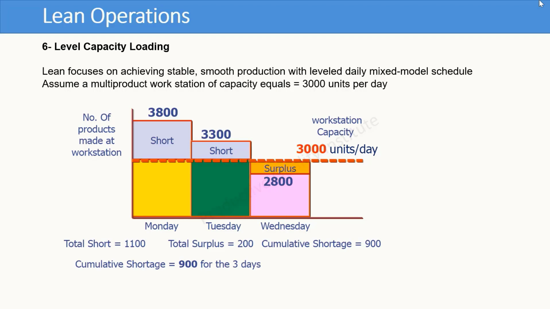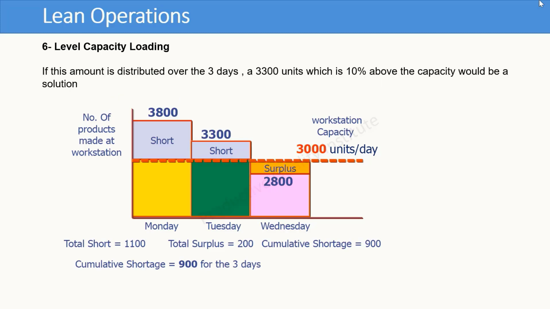If we have a workstation with capacity of 3,000 units per day, while we try to make 3,900 units on Monday, 3,300 units on Tuesday, and 2,800 on Wednesday, this will lead to a shortage of 900 on Monday, a shortage of 300 on Tuesday, and a surplus of 200 on Wednesday. The total shortage will be 1,200, and the total surplus is 200 units. This leads to a cumulative shortage of 900 units for the 3 days.